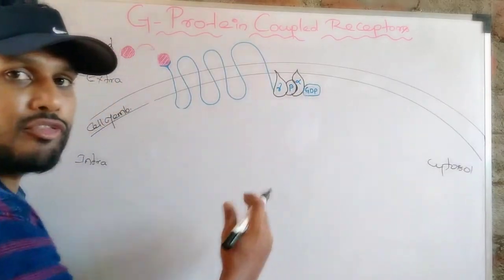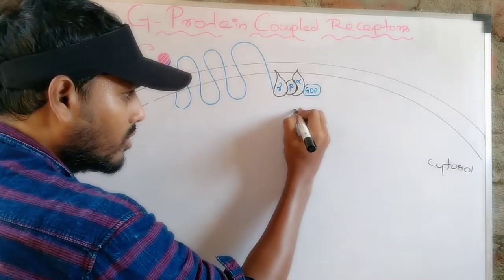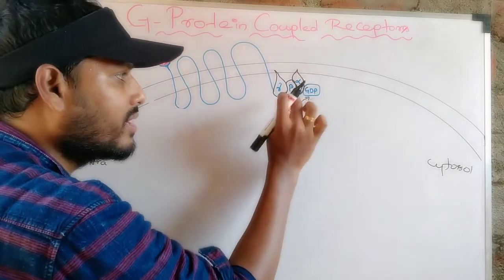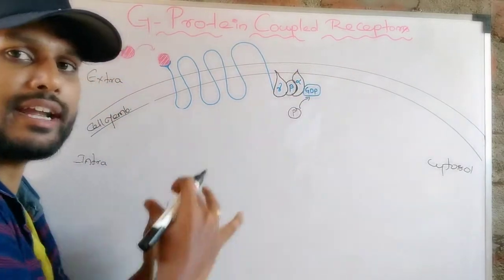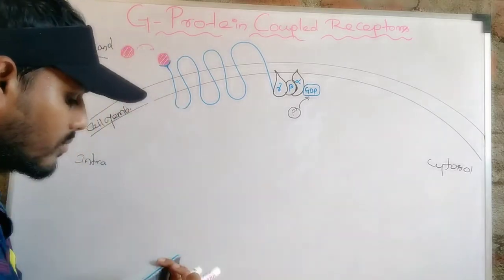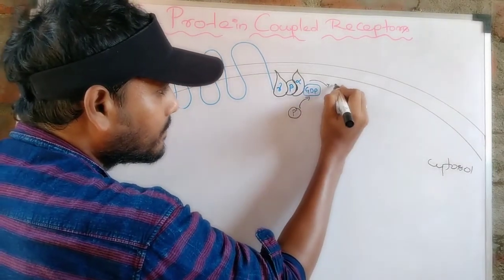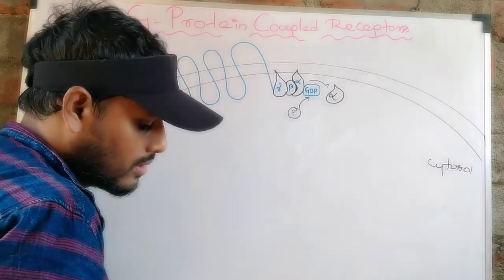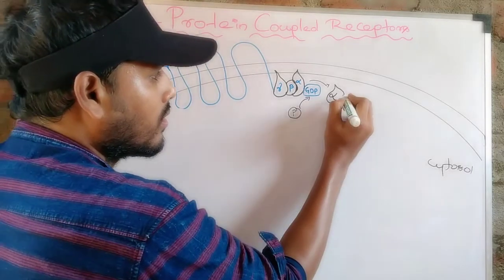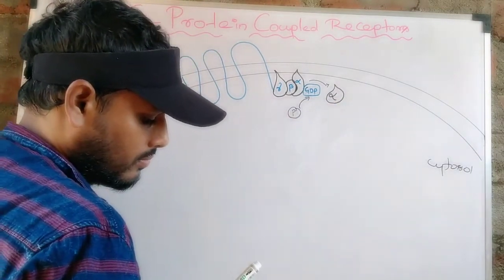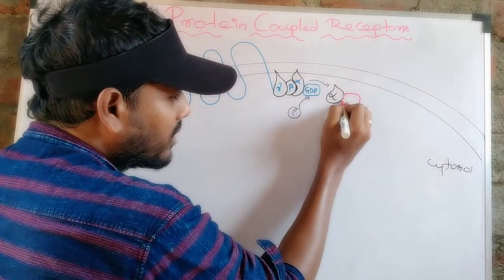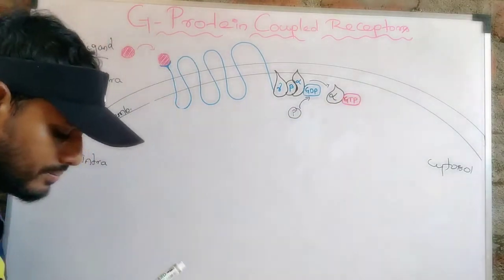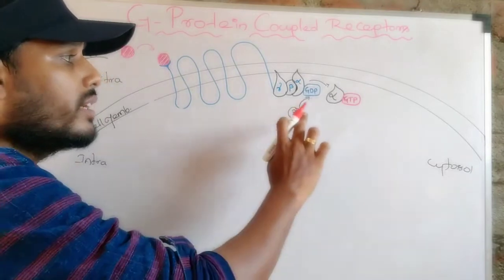One phosphate group comes and binds here, so the GDP gets phosphorylated and the alpha subunit gets activated. One phosphate group is added, and it becomes GTP, guanine triphosphate.